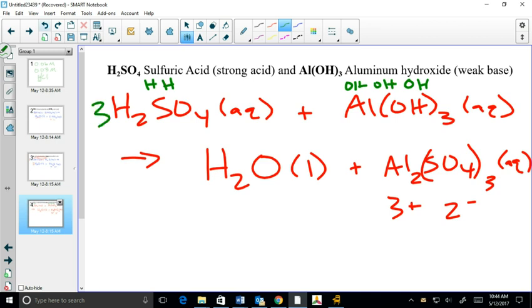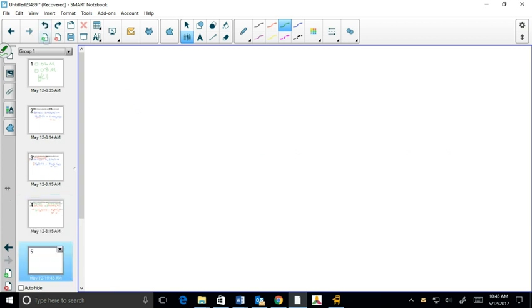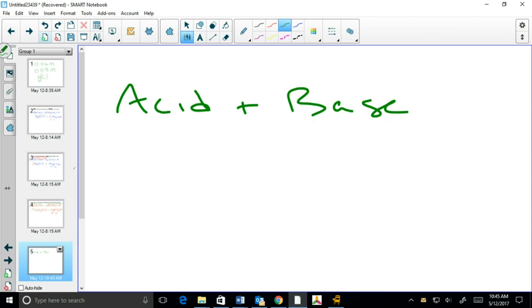We're going to put a 3 there to give me 6 H's, and a 2 here to give me 6 OH's, which will, of course, then produce 6 waters. Notice by doing the 3 and 2 as the coefficients, I'm also balancing the 2 aluminums I needed and the 3 sulfates I needed. So the key point to remember, acid plus base produces water and salt.